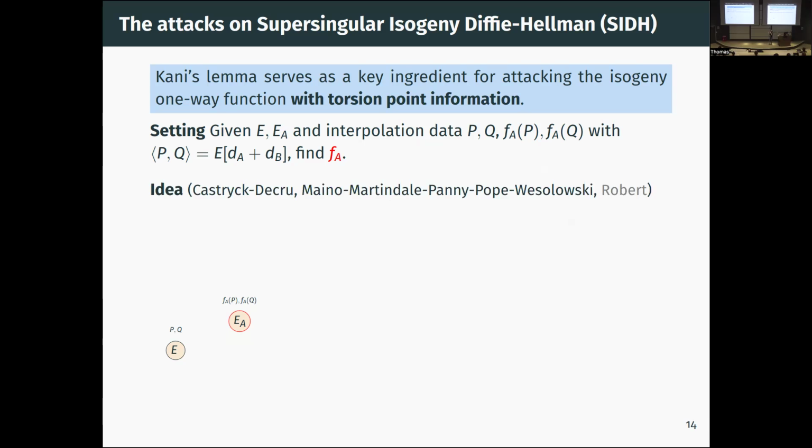And now the idea from the attacks on SIDH by Castryck and Decru, and Maino, Martindale, Panny, Pope and Wesolowski, and also in the end by Robert, is as follows. So we want to apply Kani's lemma. So the idea is that we construct an isogeny F_B that starts to obtain an isogeny diamond.